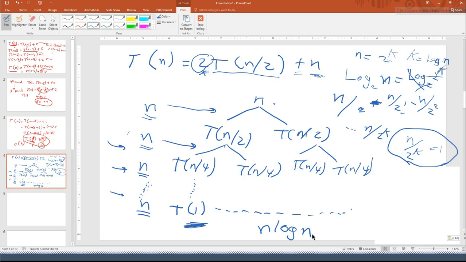I do understand that it might be a little bit difficult for some of you, but this one requires intensive practice. I have clarified one example from each type, and in your slides you have other examples. Please go through the examples by yourself and try to do the back substitution and the recursive tree.